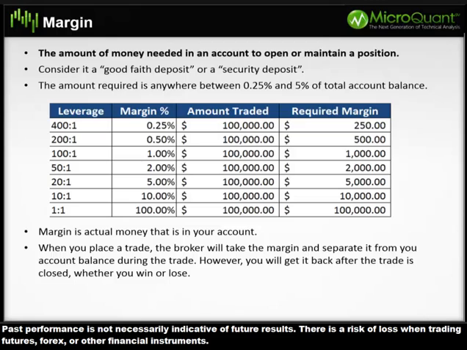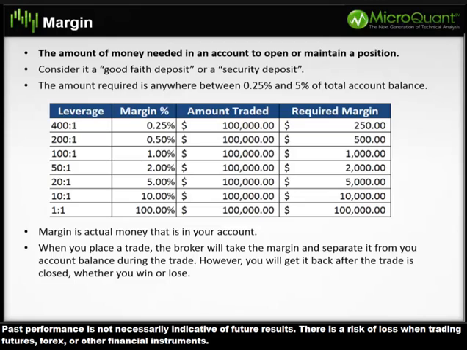If all goes well, you'll get it back. But if you don't pay the rent or if you leave things broken, then you probably won't get back the $1,000 deposit or whatever it is. That same concept applies here with margin. If you have $2,000 in your account, they'll take out a portion of that in hopes that you'll take care of your trade and it won't go against you.